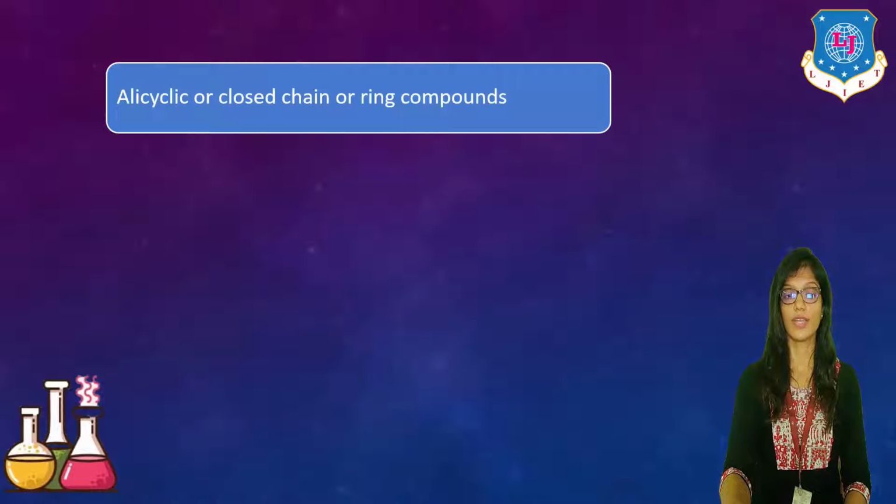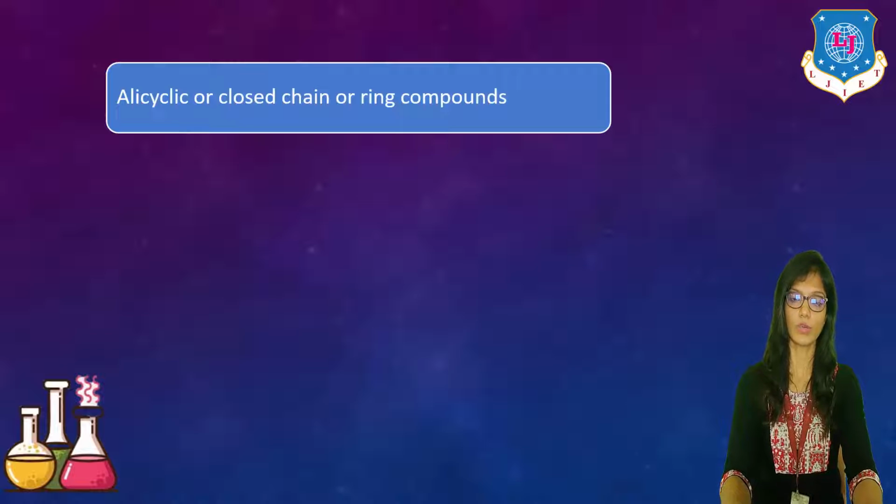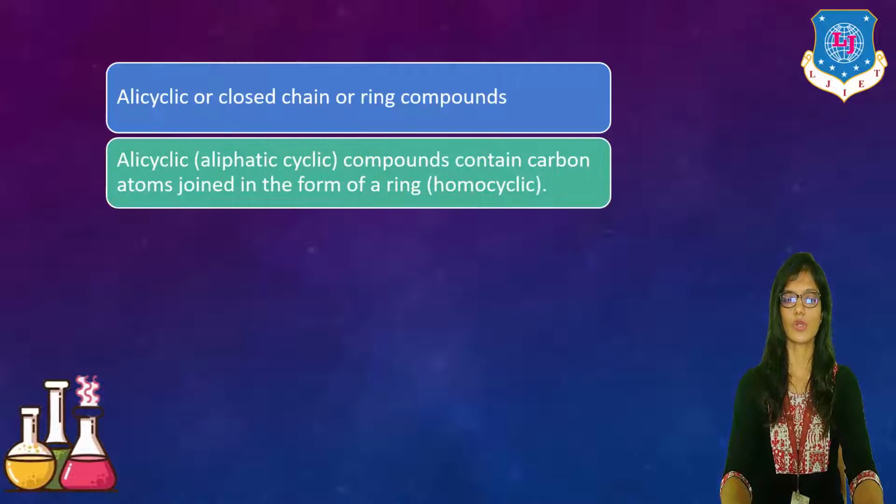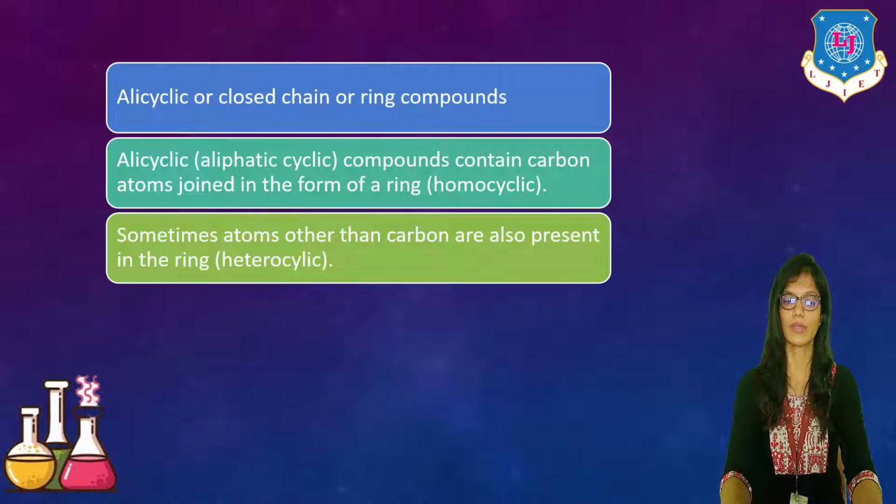The second one is alicyclic or closed chain or ring compounds. Alicyclic compounds, also known as aliphatic cyclic compounds, contain carbon atoms joined in the form of a ring, right? So it's homocyclic. And sometimes atoms other than carbon are also present in the ring, which are known as heterocyclic compounds.